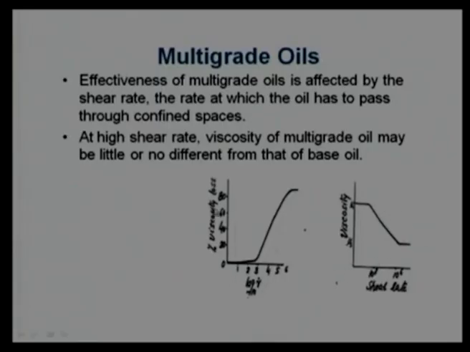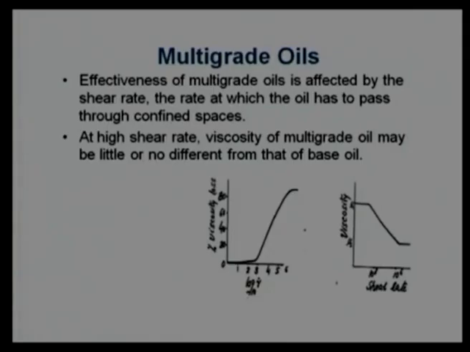This loss in viscosity with increase in shear rate is governed by a power law. That is why it is given on the logarithmic scale. So with increase in shear rate, initially the loss of viscosity is not significant, but finite.